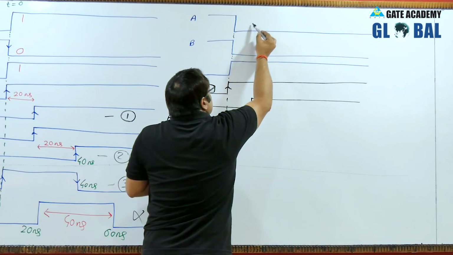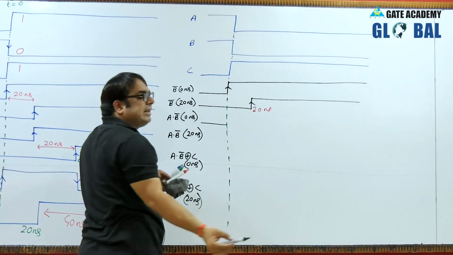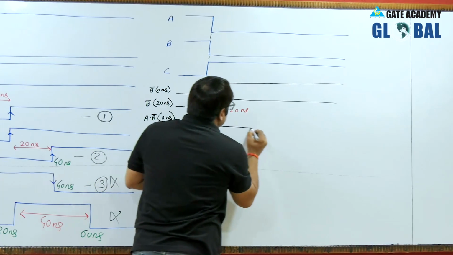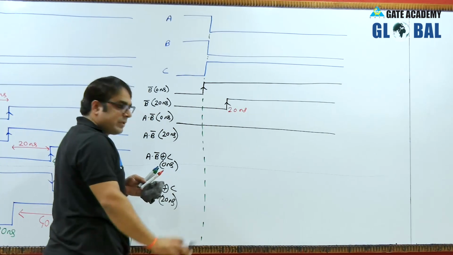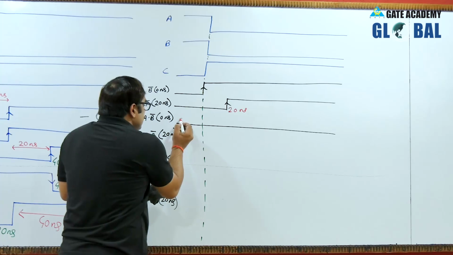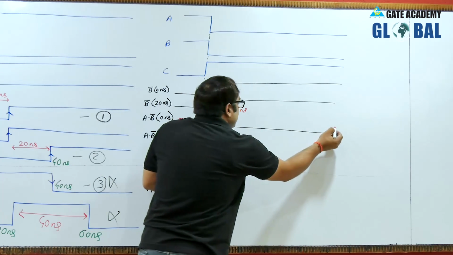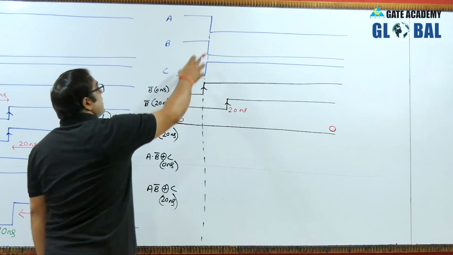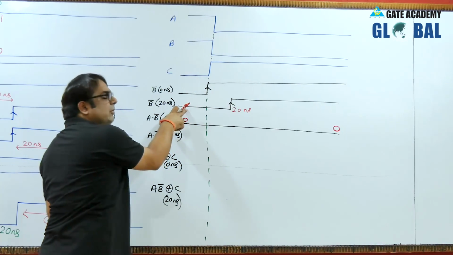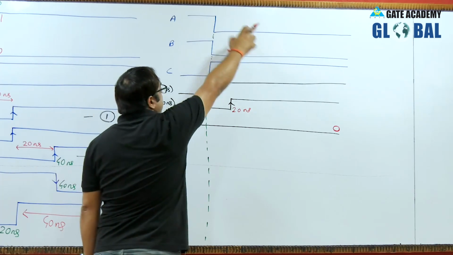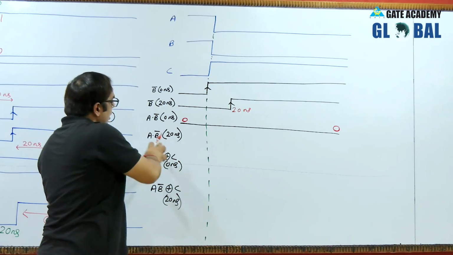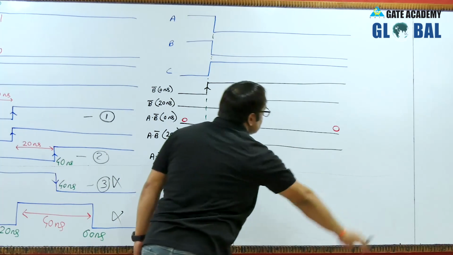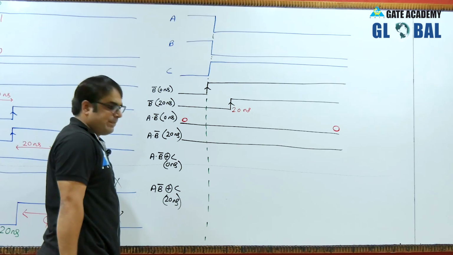Logic low AND gate with any input will give you logic low only, so it will continue to be at logic low, till the end. Why is it at logic low? Because before t equal to 0, B complement was 0, and after t equal to 0, A is equal to 0. So if I shift this waveform also, then there is no change on shifting.